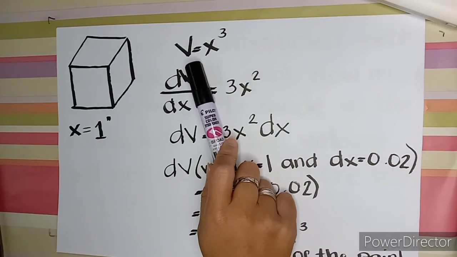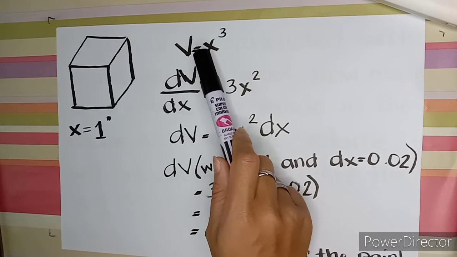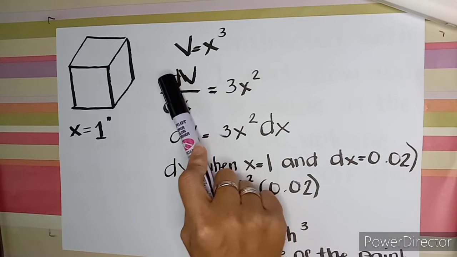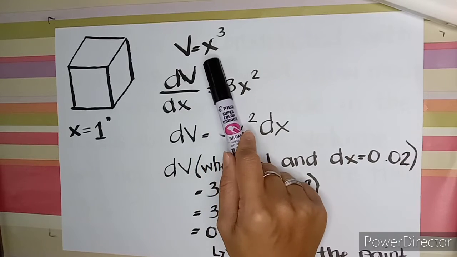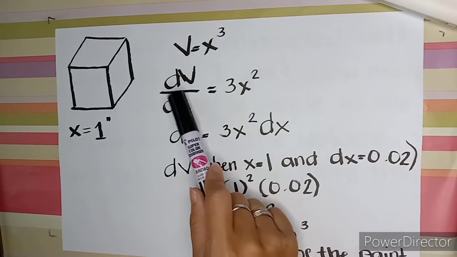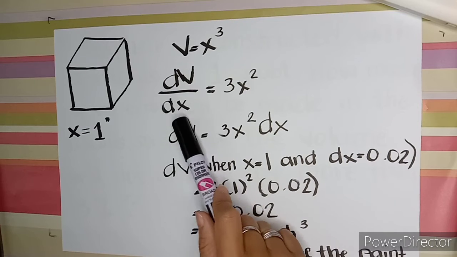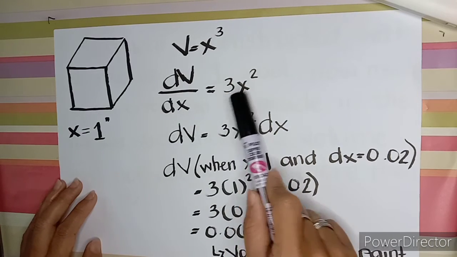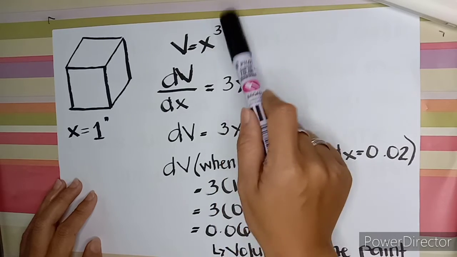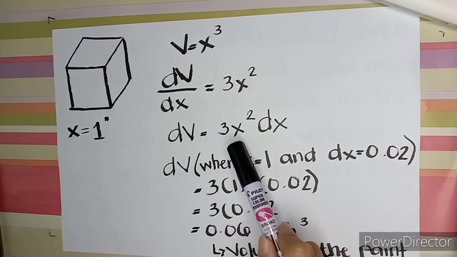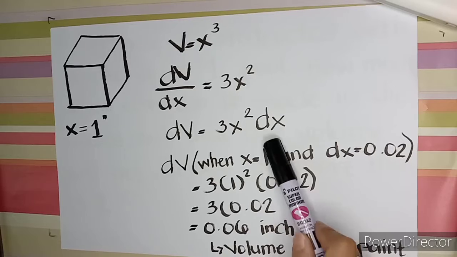So, volume in a cube is V equals x cubed. The derivative of V with respect to x is equal to 3x squared. This 3x squared is the derivative of x cubed. So dV is equal to 3x squared dx.